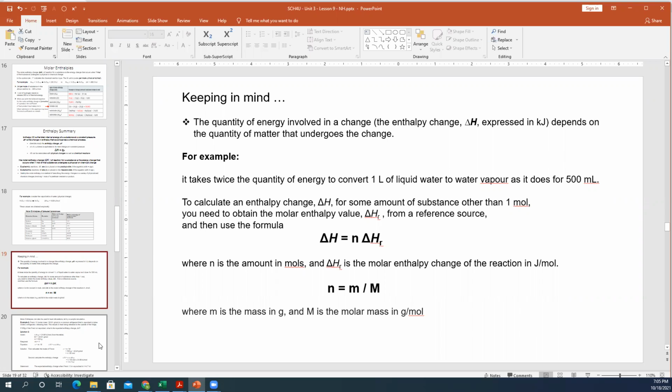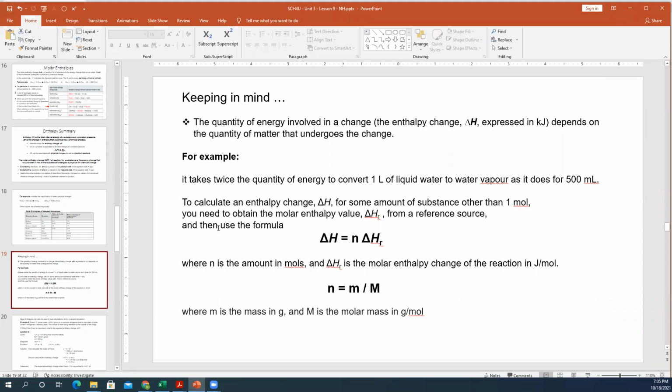For example, it will take twice the amount of energy to convert 1 liter of liquid water to water vapor as it does for 500 mL of water. So for 500 mL of water, it might take a certain amount of energy. For double that amount, for 1 liter, it's going to take double the amount of energy.